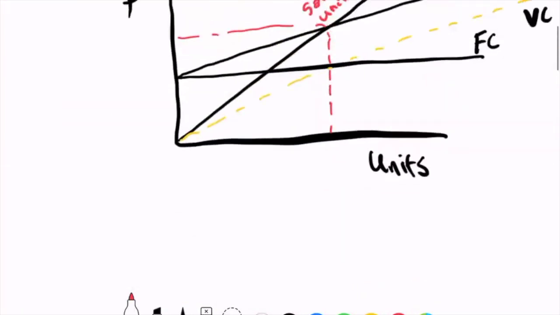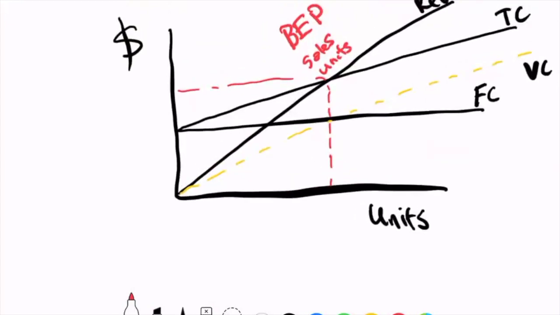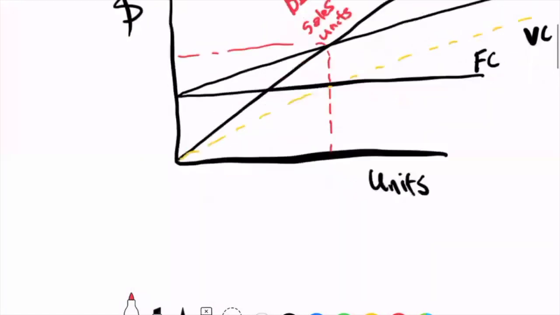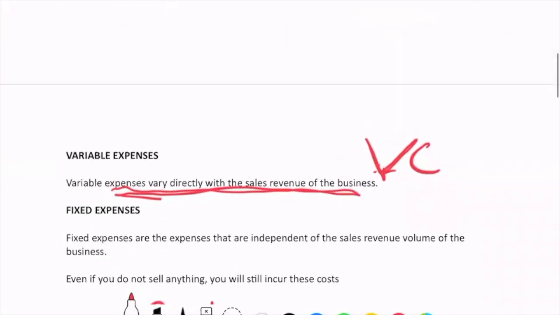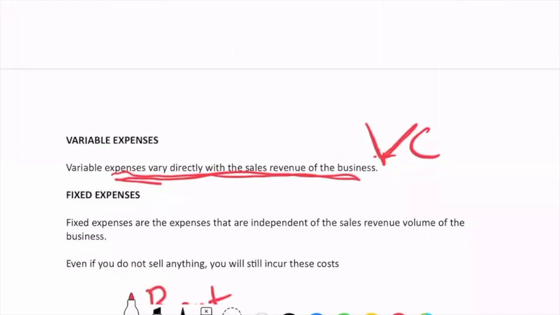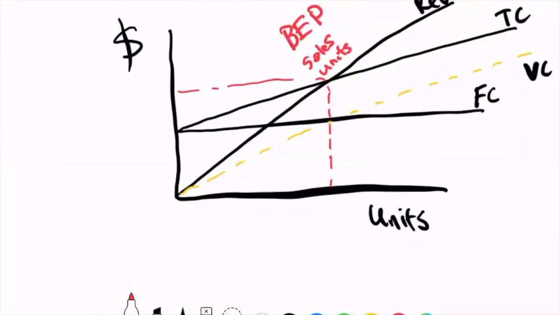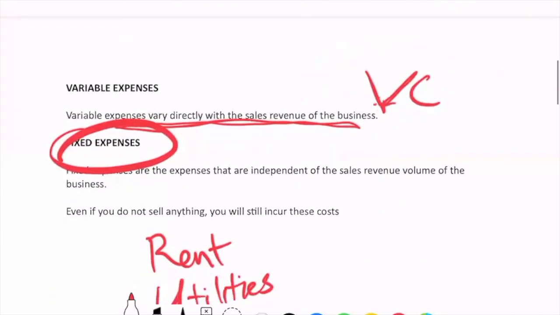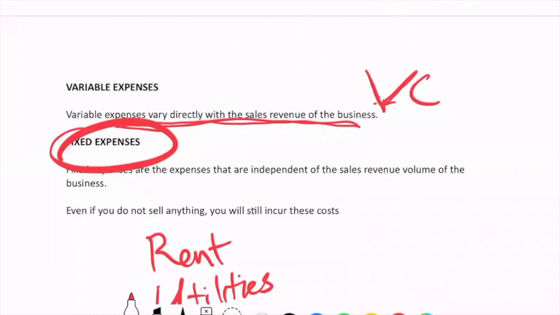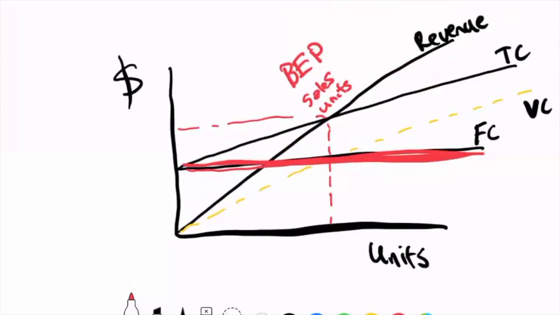So let's go back up here, right here. When we talk about fixed expenses, that's right here. Whereas our variable cost, the expenses that vary directly with the sales volume of the business, those are right here.